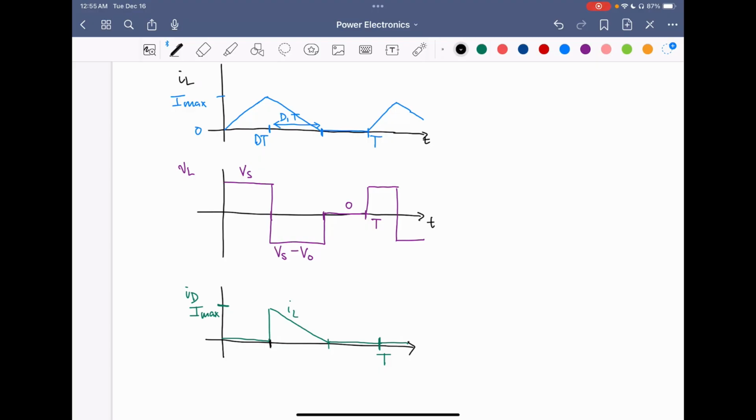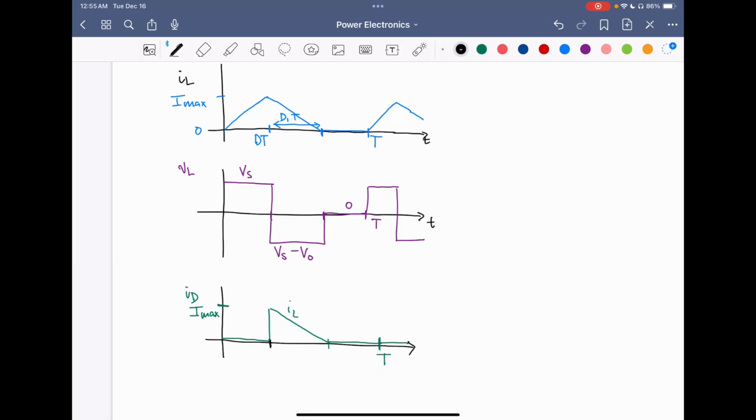So inductor volt-second balance still holds, and capacitor charge balance still holds. This is just because we need the current through the inductor to be the same at the beginning and end of the cycle, which is just 0, and the capacitor voltage to be the same at the beginning and end of the cycle.